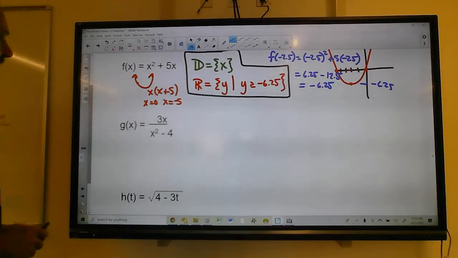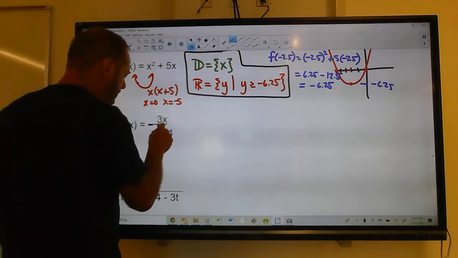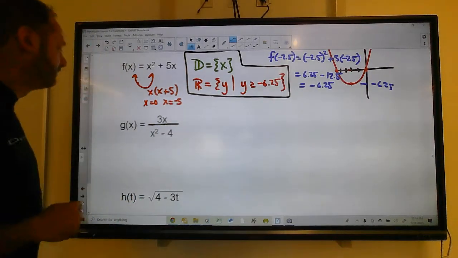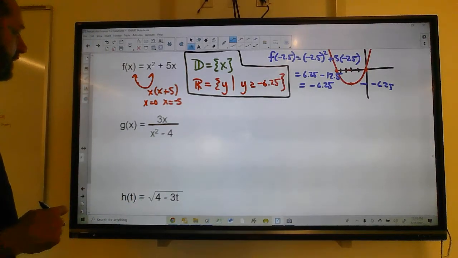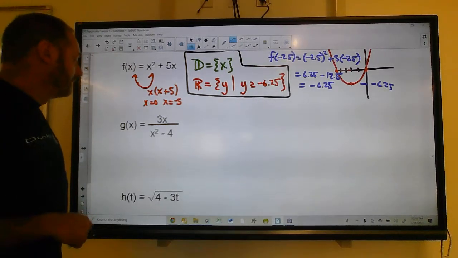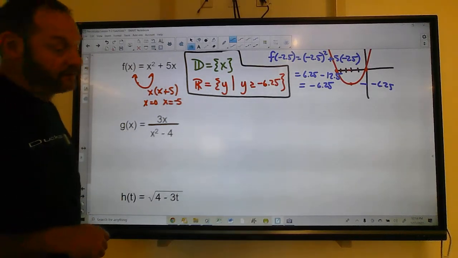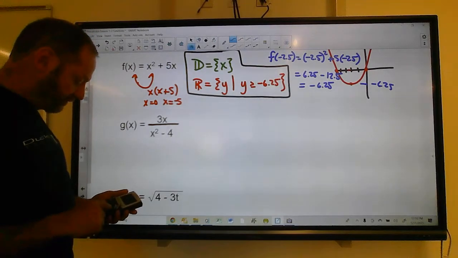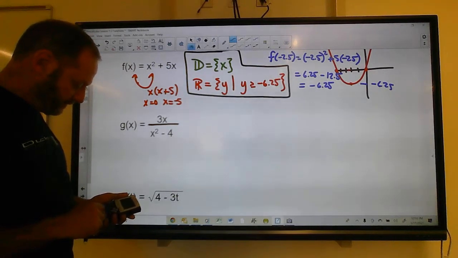Okay, next up, 3x divided by x squared minus 4. Probably the easiest way to do this would be to graph it. You could graph that thing on your graphing calculator really easily.